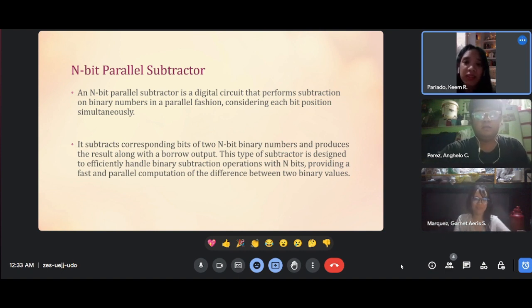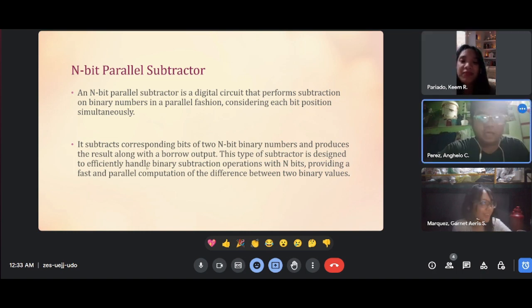Additional description about the n-bit parallel subtractor. When we say n-bit parallel subtractor, it is like a digital calculator that subtracts binary numbers in a fast process.